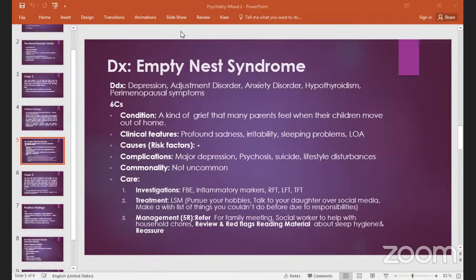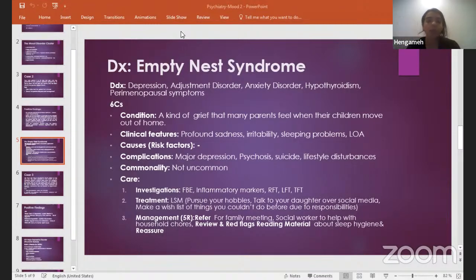Is there any time frame for adjustment disorder? Yes, I'll explain in anxiety issues. It's usually 3 months since the onset of symptoms, or since the trigger. If it's an ongoing trigger, it might be more.